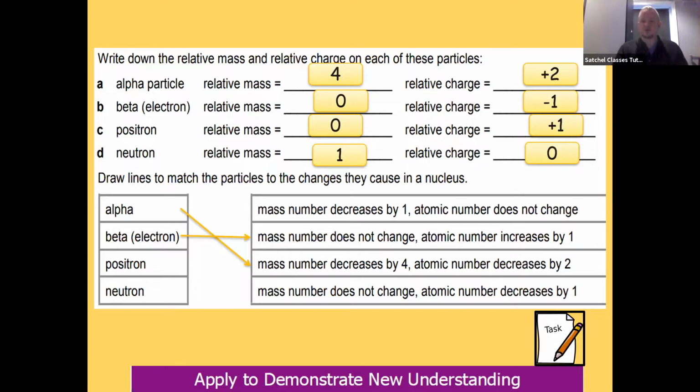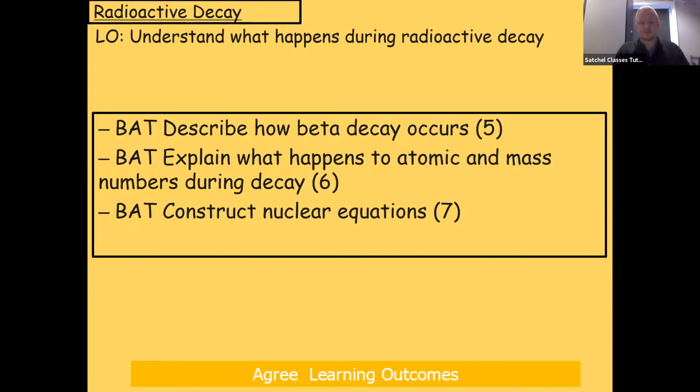So we have one more proton than electron. Positron is the opposite of beta electron. Mass number does not change, atomic number decreases by 1. And finally, the neutron, well, there's 0 charge and a mass of 1. Mass number decreases by 1, but the atomic number does not change. And that's our second point covered, explain what happens to atomic and mass numbers during decay.